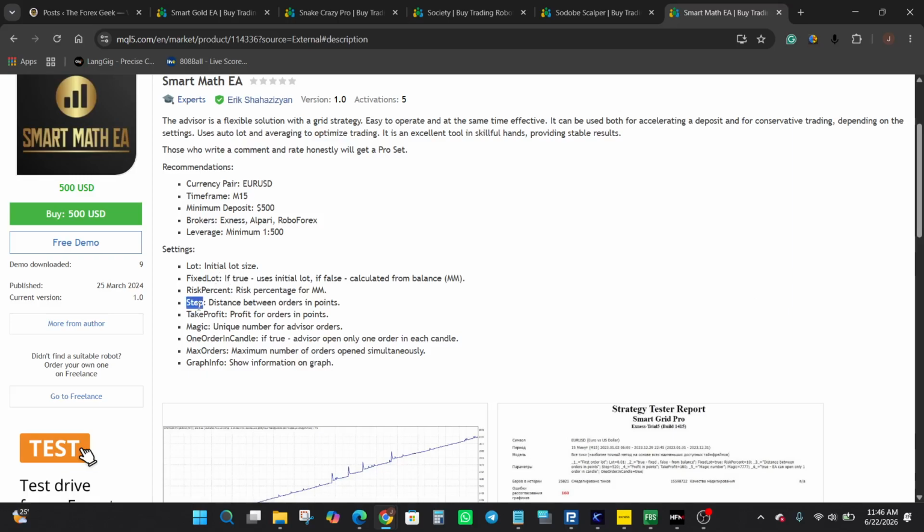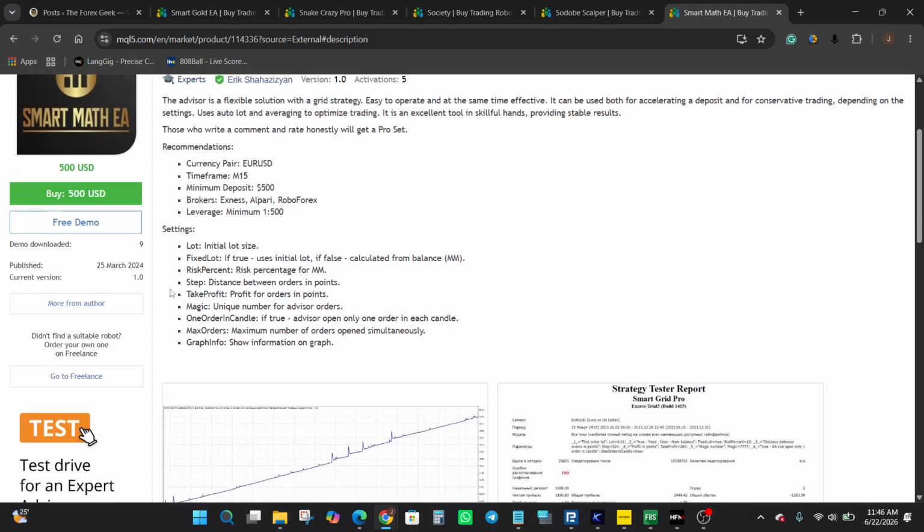The step setting controls the distance between orders in points, while take profit determines the profit targets in points. Since the marketplace description confirms the use of a grid strategy, these parameters are likely important for defining how the system manages and spaces positions.